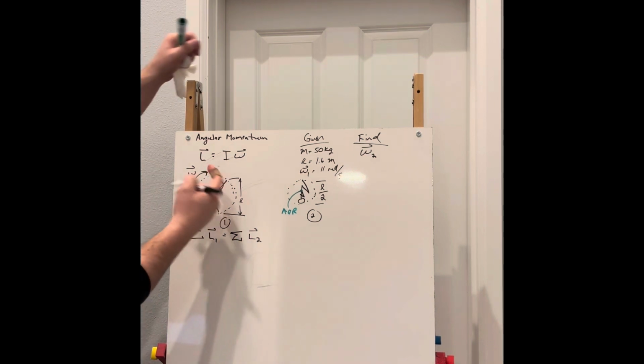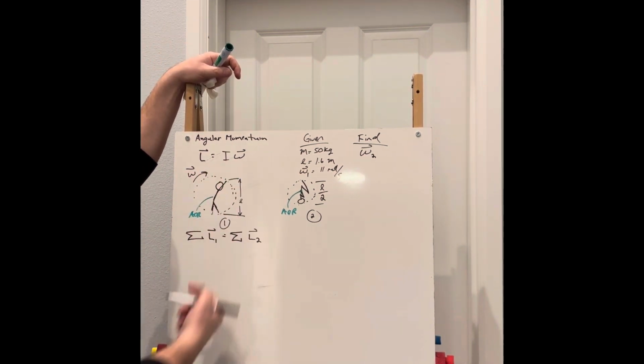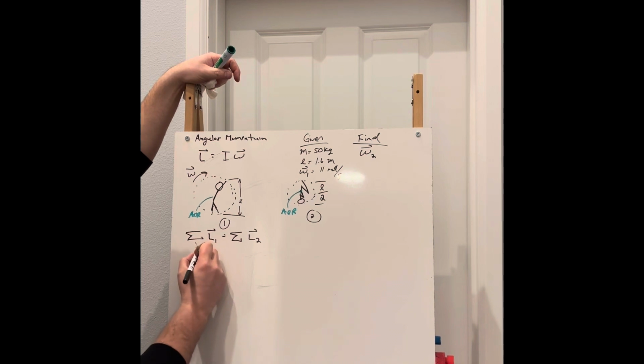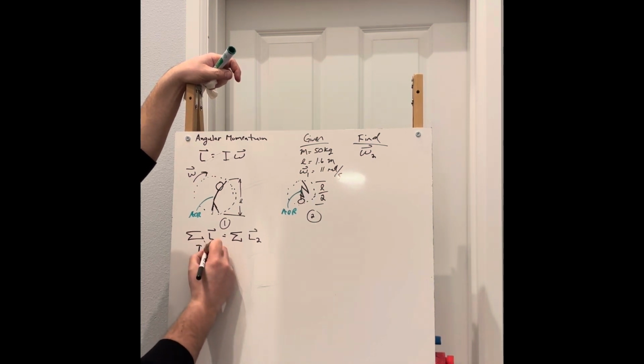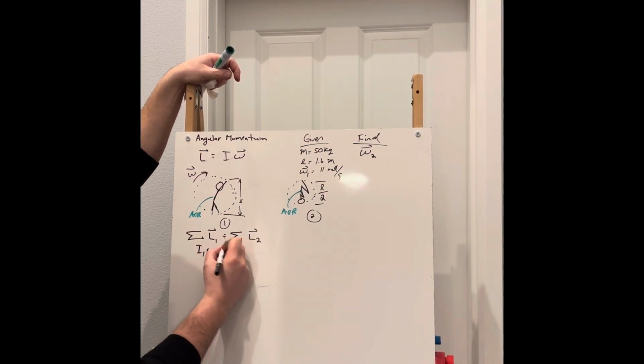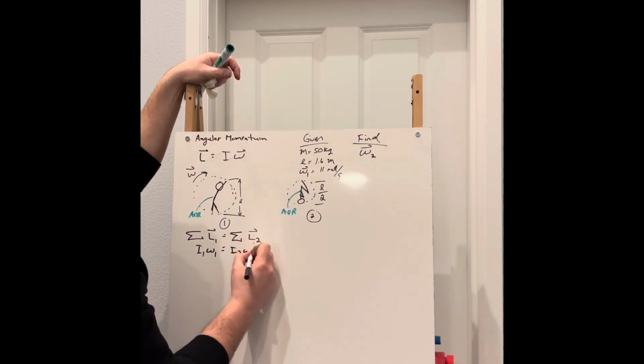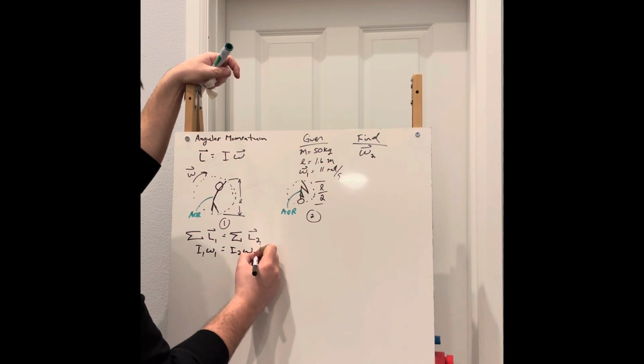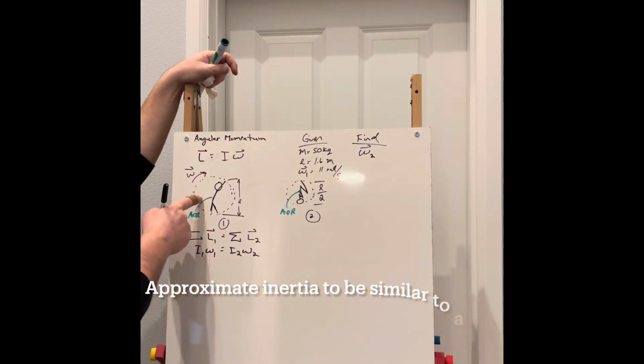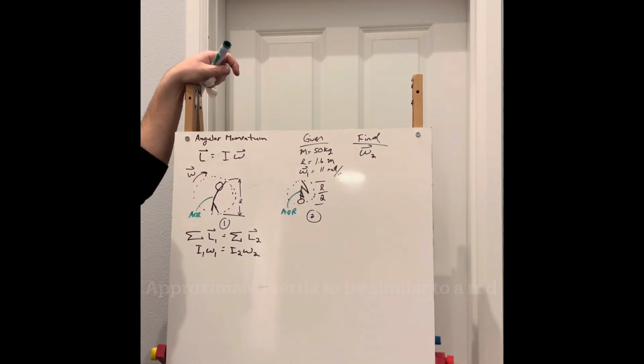So we know that angular momentum is inertia times angular velocity. So then we can say inertia at position 1 times angular velocity at position 1 must equal inertia at position 2 multiplied by angular velocity at position 2. So for position 1, they look like a rod, right?